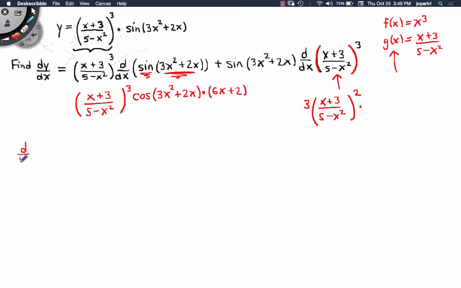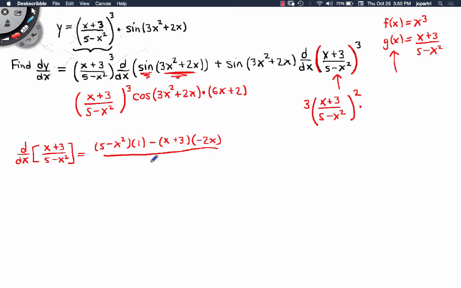So let's find the derivative separately of x plus 3 over 5 minus x squared. Low d high minus high d low, all over low squared.